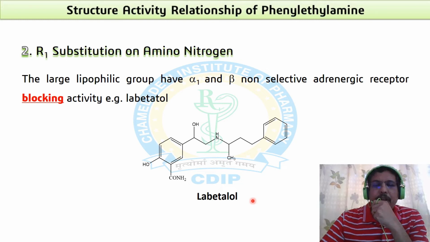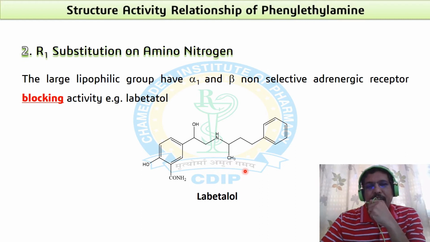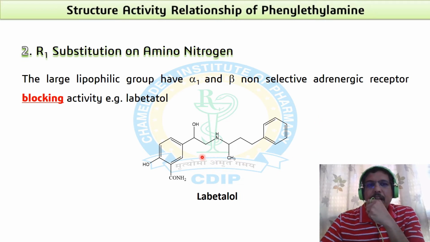Then again, if we further increase the size of substitutions, a dramatic change in the binding pattern occurs. Previously the compound showed agonist activity, but the bigger group is responsible for blocking the adrenergic receptor activity.